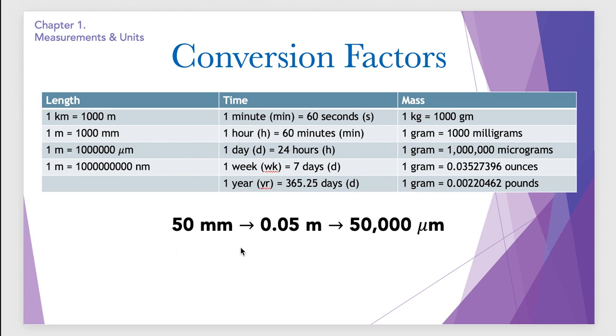So for conversion, we have to remember the base units as well. We have to remember the base unit of time in order to convert a unit into a different unit. So if I'm converting minutes into hours, I should know the base unit, because I would first have to convert minutes into the base unit and then convert the base unit into hours.